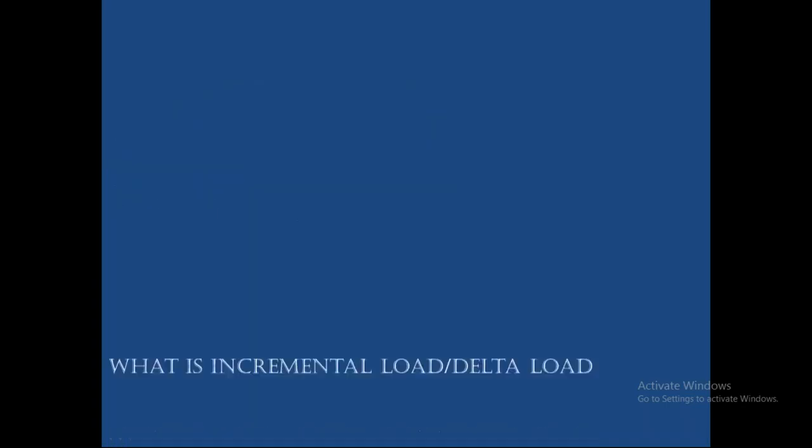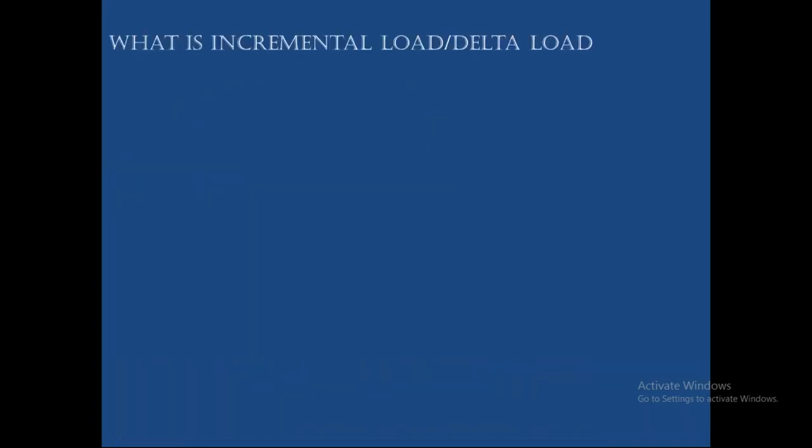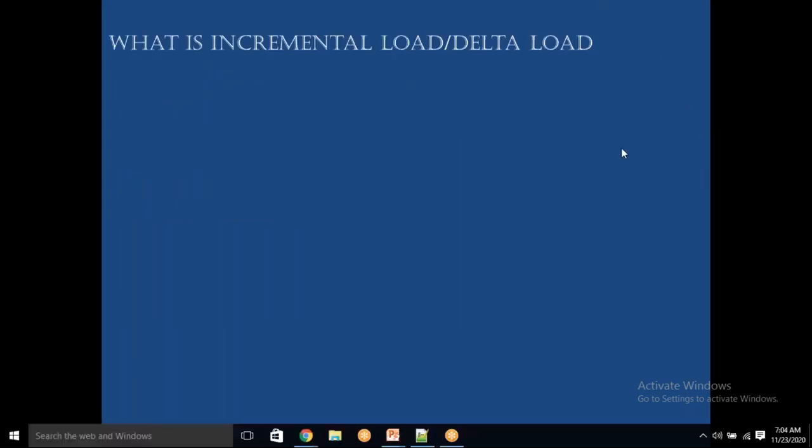Now, what is incremental load or delta load? Yesterday we discussed it. Can somebody tell me what is incremental load or delta load? Are we going to take the entire data we have in the table, or only new records and updated records? New record. Thank you, Avinash. Thank you, Naval. Devendra, thank you. So we are going to take only new records and updated records.